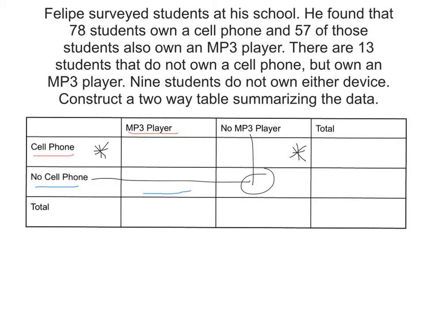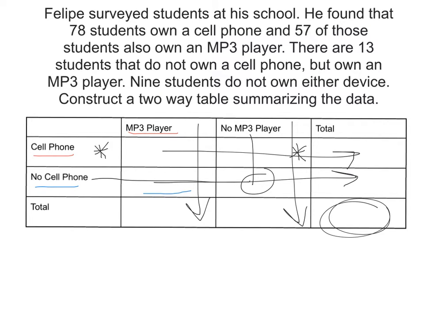And then looking at total people that own MP3 players, total people that do not own an MP3 player, total people that own a cell phone, total people that don't own a cell phone, and then total people surveyed.